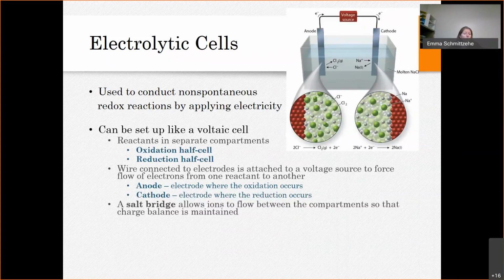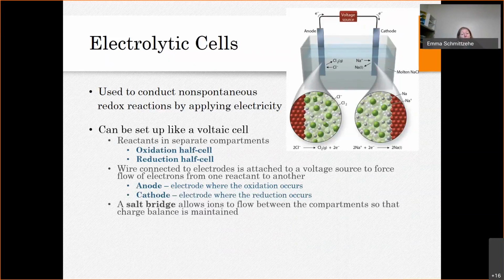So say you have your cell phone, it's got a battery in it. So as you use your cell phone, really you have an active voltaic cell, okay? You have a voltaic cell running, okay, when you have your cell phone powered on, okay? But when you go plug your cell phone into the wall, okay, or put it on your wireless charger, whatever you do, that actually reverses that reaction, okay?